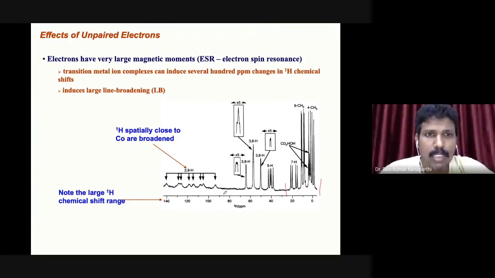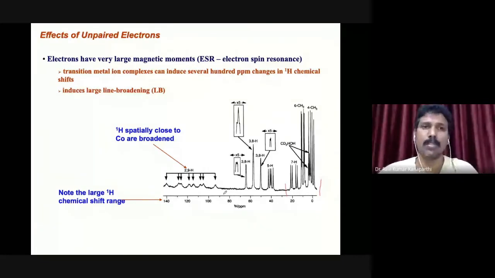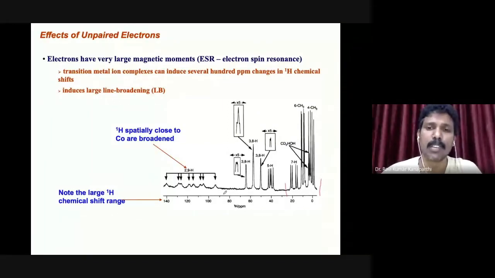So there are two reasons. One is that due to the large magnetic moments of unpaired electrons, when an unpaired electron is present, such proton NMR signals are highly deshielded. So normally we find more than 100. That is one thing. The second thing is that even if you come across such protons, even if you are able to tune the spectrometer and record it.